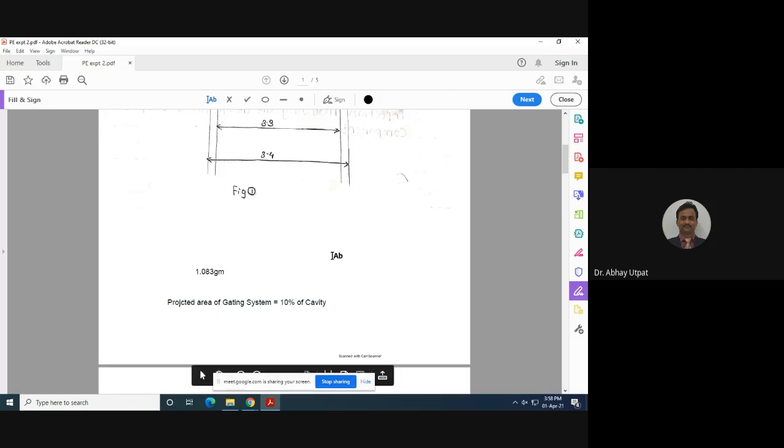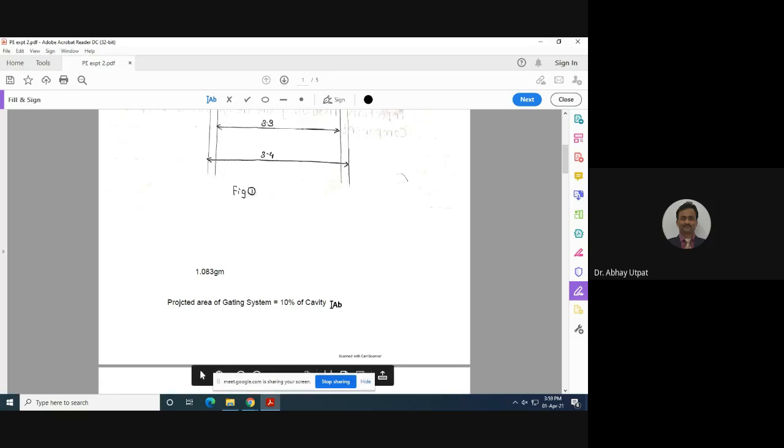Projected area of gating system equal to 10% of the cavity. So there are two cavities, and if you make the calculation, 9.079 is the projected area of one cavity, into 2, plus 10% for the gating system.